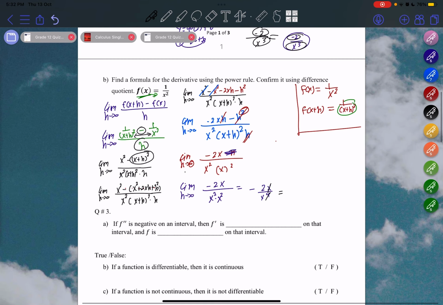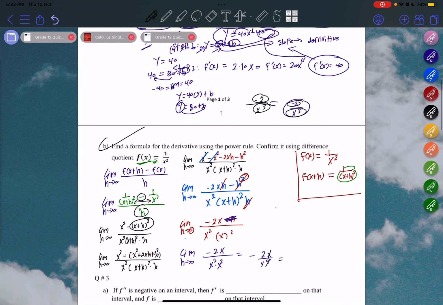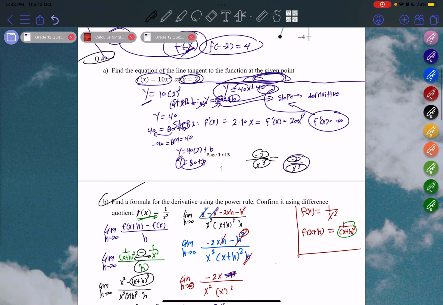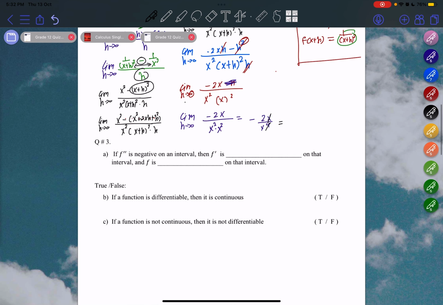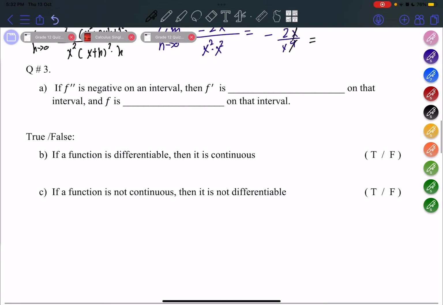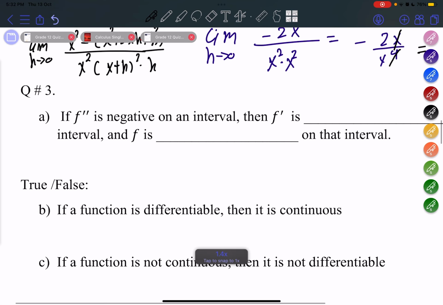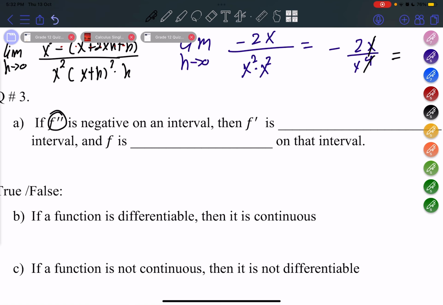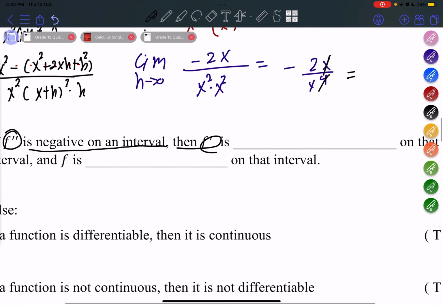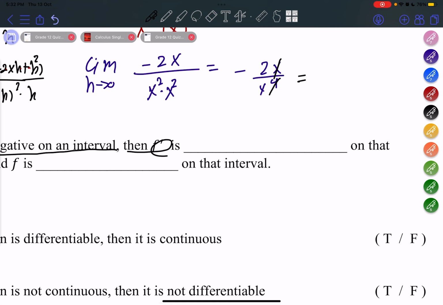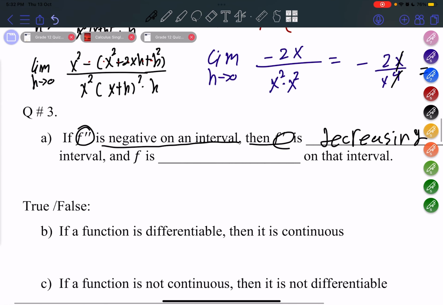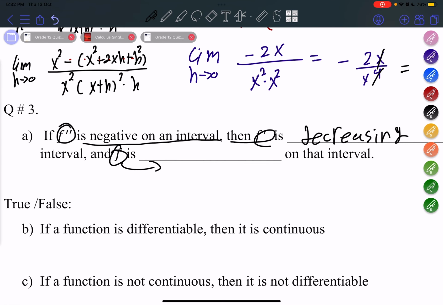Now we solve question B from question 2. We can start actually with some easier questions. So if the double derivative is negative on an interval, then f derivative is decreasing because it's going to the negative interval, and f will be concaving down.